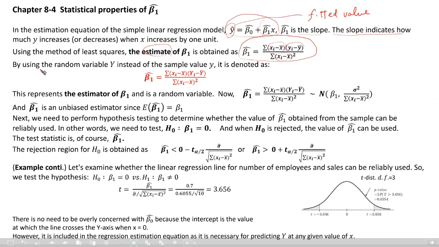But when we use the random variable capital Y instead of a sample value small y, it is denoted like this. Same thing. But the difference between them: small y here is for the estimate, and here capital letter Y is the random variable Y. Then beta 1 hat is the estimator of beta 1. Can you distinguish between them?